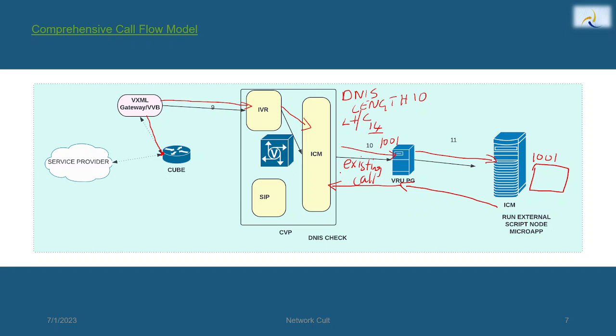Again, the ICM subsystem checks the call and sees whether it has a micro app or a number. This time it is a number. And we know that a micro app is an IVR function that has a set of instructions to the IVR subsystem. Then the ICM subsystem sends the call to the IVR subsystem.